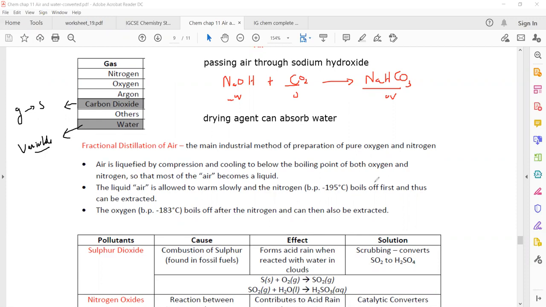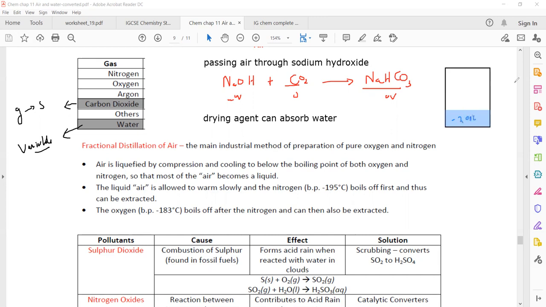So when the liquid air warms, for example, first we cool down this liquid air, and liquid air is pale blue, light blue in color because of oxygen. We liquefy the air at around minus 200 degrees centigrade.